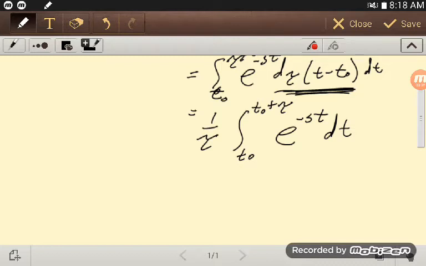And now I can do this antiderivative. So the antiderivative of this will be a minus 1 over s e to the negative st. Okay, so I'm going to write this as minus 1 over s tau. I've got my 1 over s there, negative 1 over s, e to the minus st from t0 to t0 plus tau.